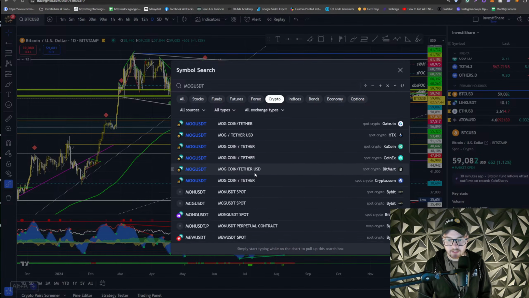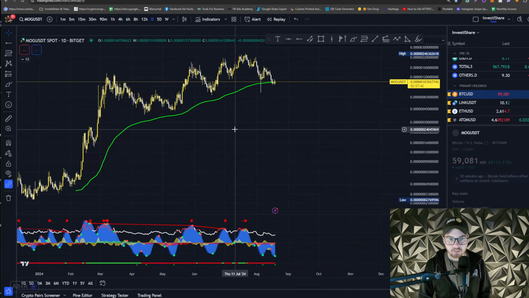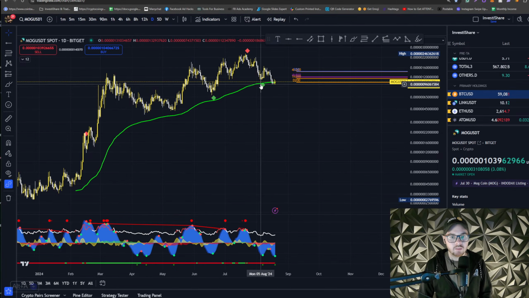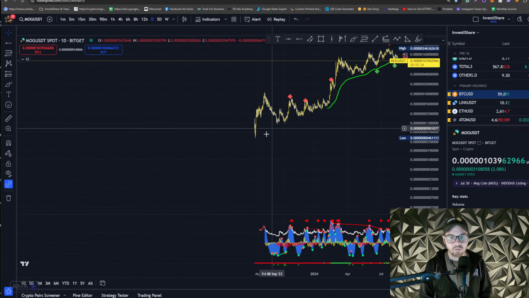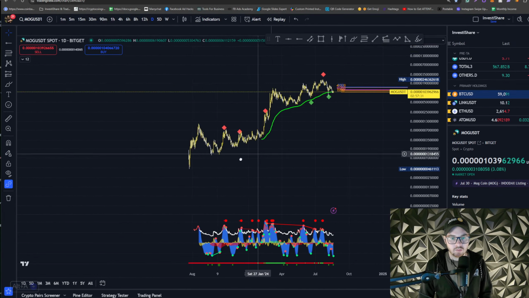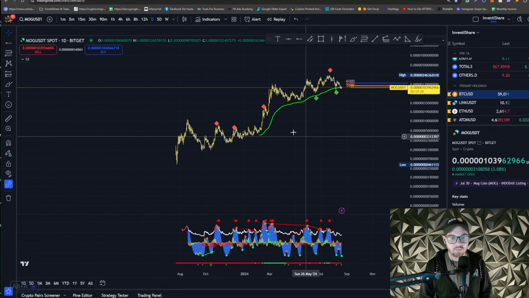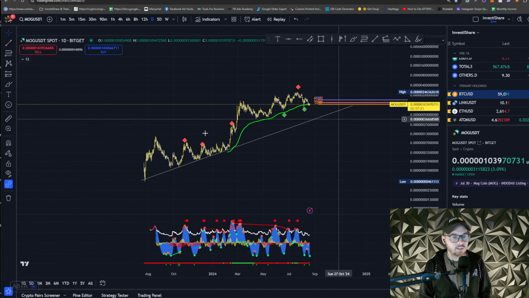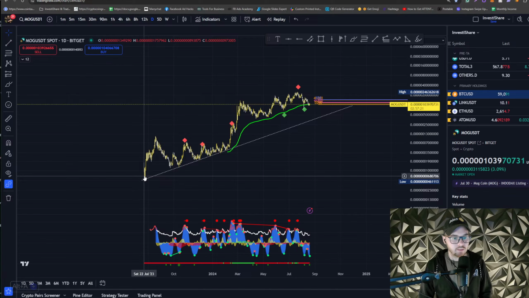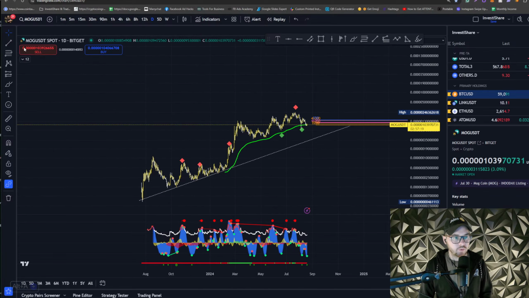Okay, let's look at BitGet. So it's dancing on the 200 daily. I don't know if this is the full chart, but that's the broad momentum that's been holding it up since July 2023.